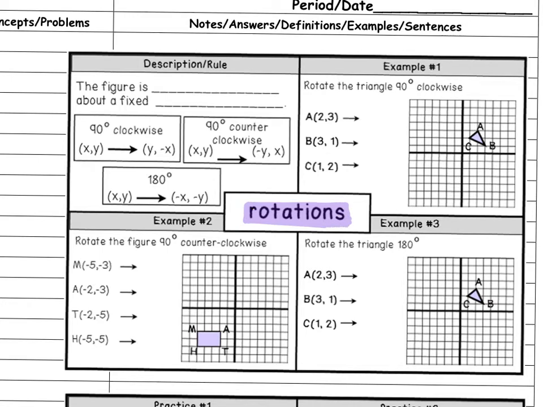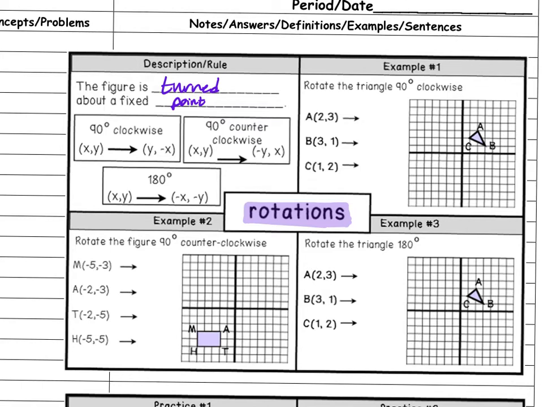So for a rotation, the figure is turned about a fixed point. Okay, so here we go. The rules. For me anyways, it was easier to work with the rules than to try and figure it out.